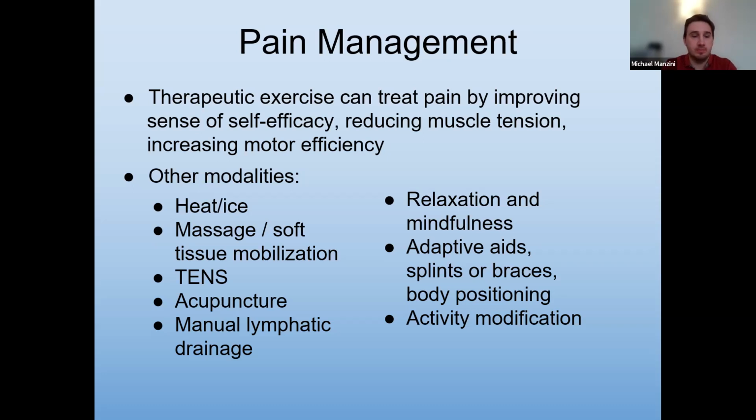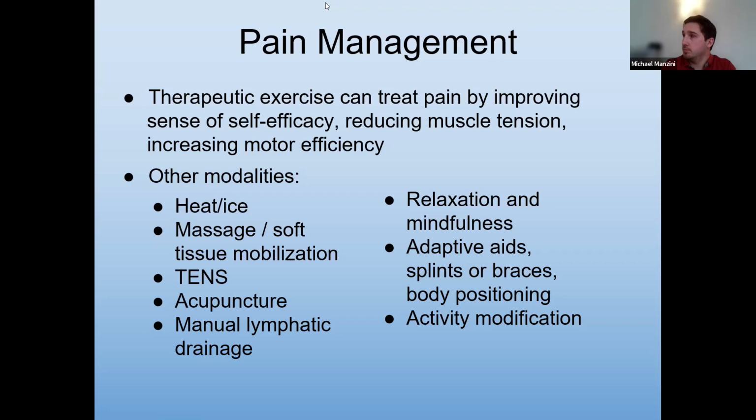So as a physiotherapist, I'm often assessing the structures and trying to determine the underlying causes, especially of joint or muscle related pain, and then developing and tailoring exercise programs and strengthening and stretching in order to promote healing or to manage and reduce the pain.